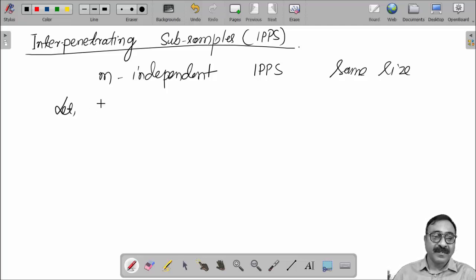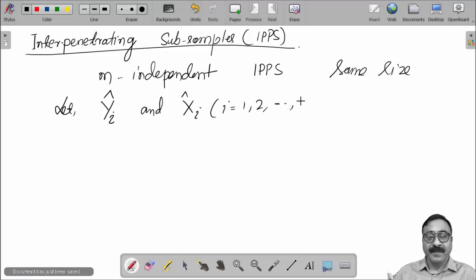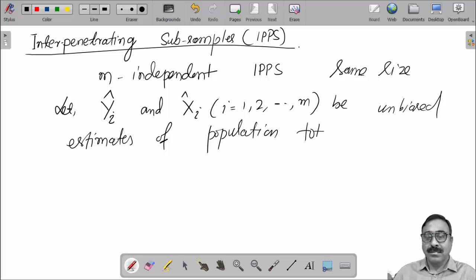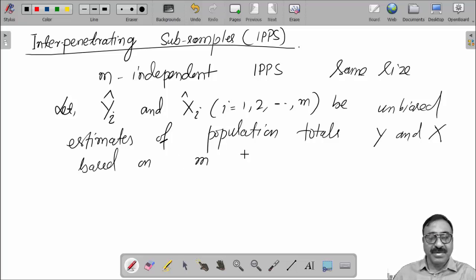Let yi cap and xi cap, i equal to 1 to m, be unbiased estimates of population totals Y and X respectively, based on m subsamples.